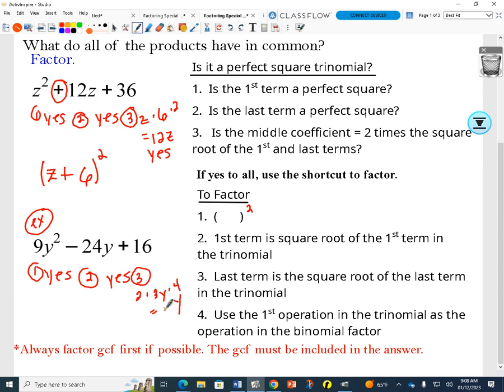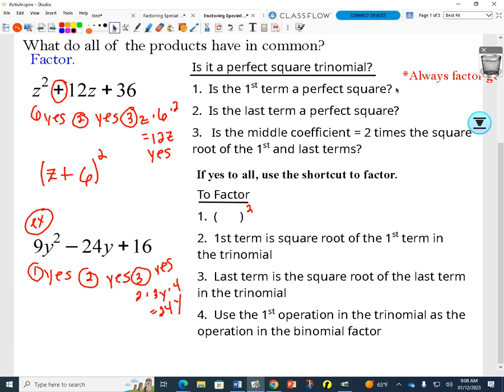So now we know the answer here is yes. So now we can use the shortcut to factor. So the shortcut says, give yourself a binomial squared, and then we're going to fill it in. What's going to go in my first spot? Dior, what's going to go in the first spot?